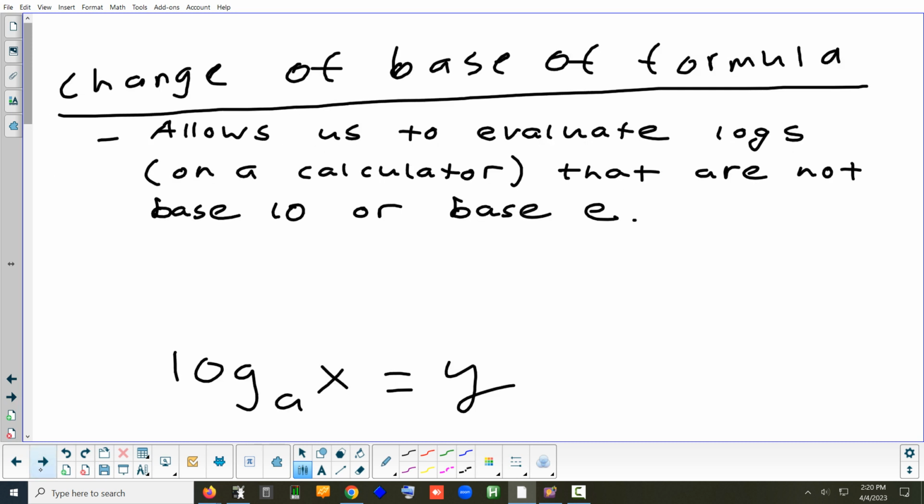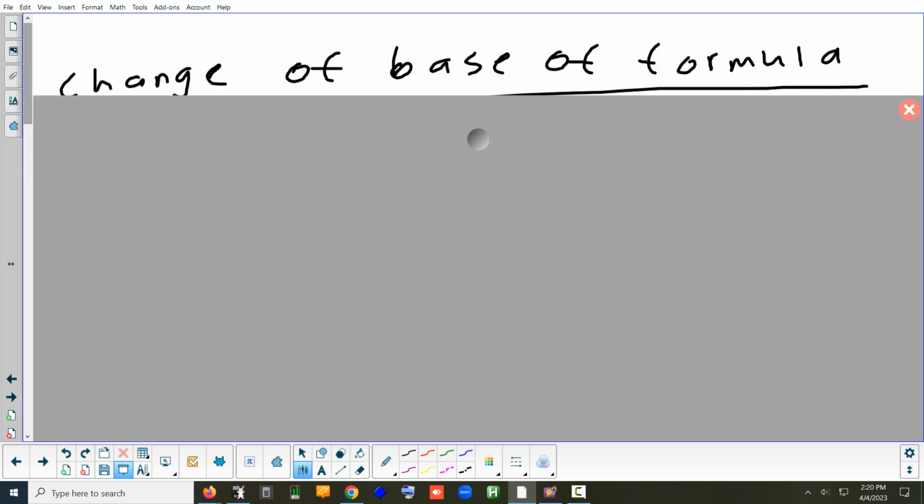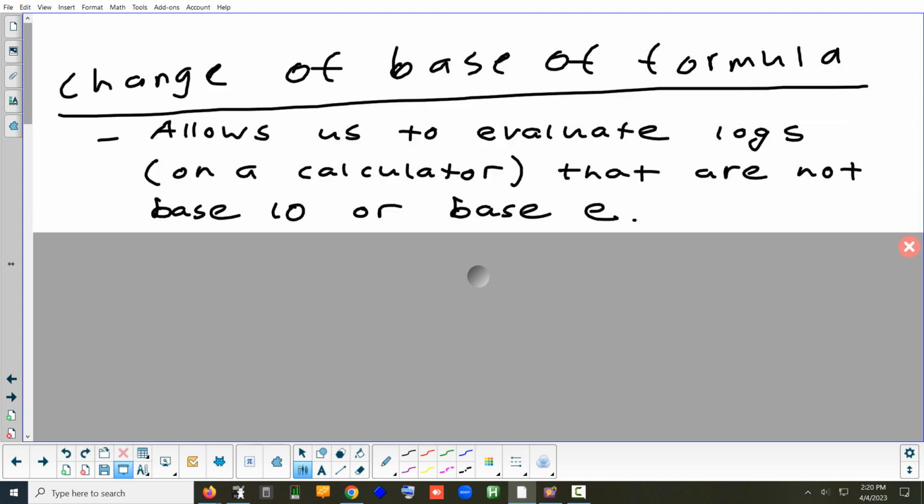And to do that, we need to use what's called the change of base formula. So change of base formula allows you to plug a log in on a calculator, but it's not a base 10 and it's not a base E. And this will work on any calculator that has a log button.